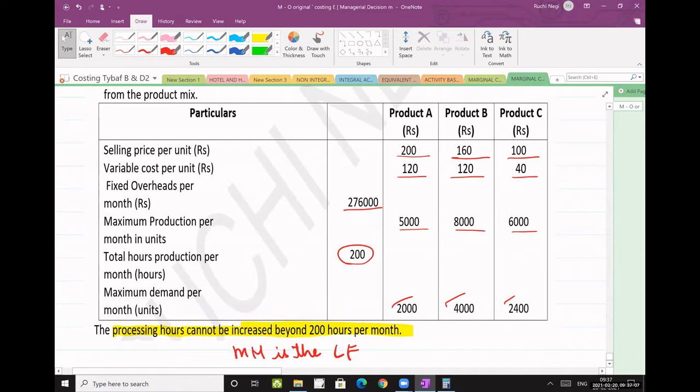Is this clear to everyone? Acknowledge it in the chat box. Machine hours is clear to everyone?